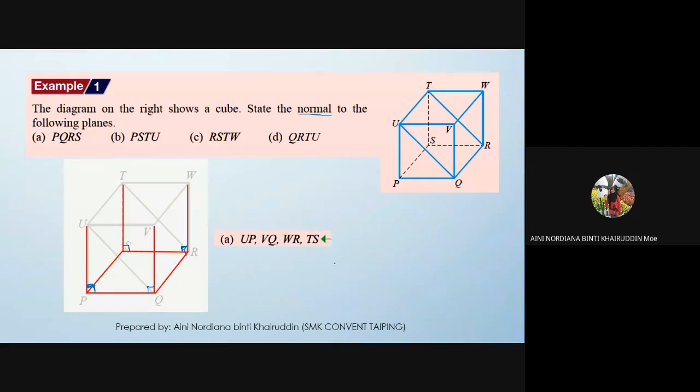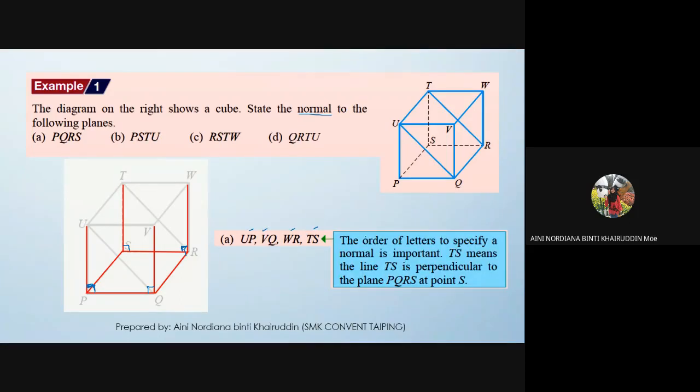So the answer: UP, VQ, WR and TS. So the order of letters to specify a normal is important. Means you tak boleh tulis your answer PU. PU wrong. QV also wrong. RW wrong. ST wrong.